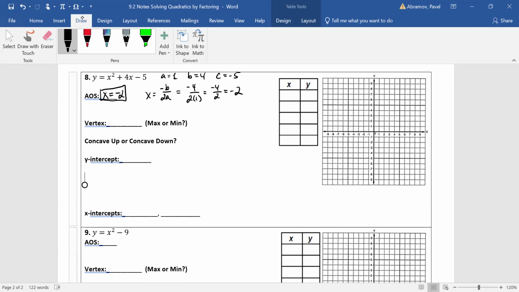Now, to find the vertex, it's the same thing as the axis of symmetry. You use that x value, but then you have to substitute it in to find your y value. So we'll get y equals negative 2 squared plus 4 times negative 2 minus 5.